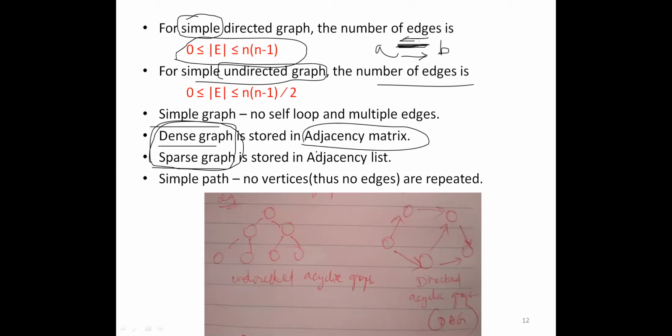Which format do you use? I'll go for an adjacency matrix. I'll use the matrix format. And if there are fewer edges, which data structure will I use? An adjacency list. That we'll see. This is a different topic in your syllabus. How we are going to store the elements in the graph.